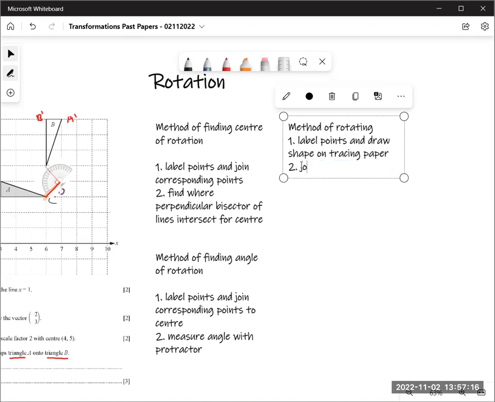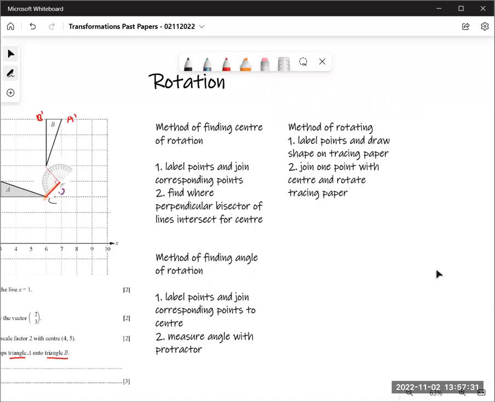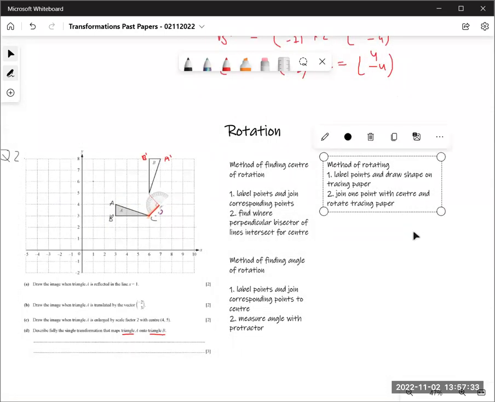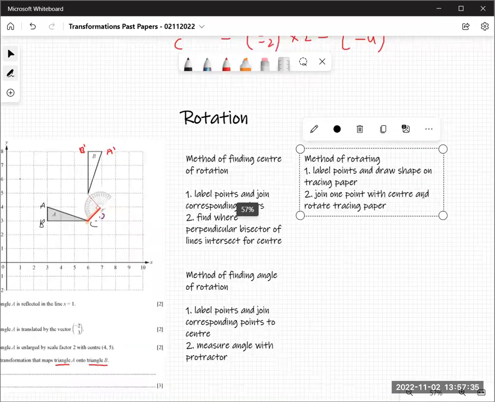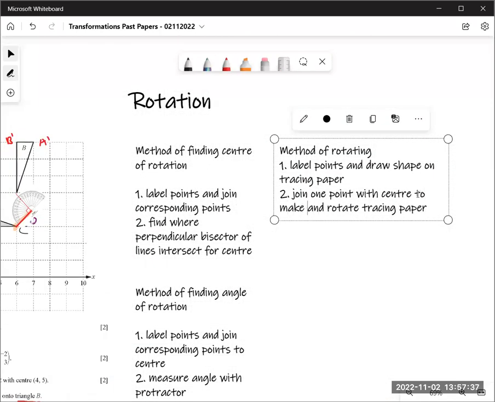Join one side or one point with the center and rotate the tracing paper. Fine. That's how it works. Join one point with the center to make the axis of rotation, and rotate the tracing paper.